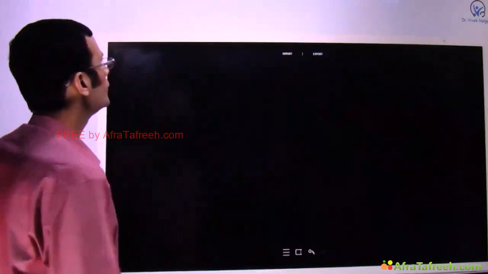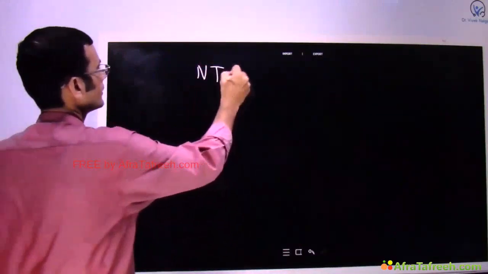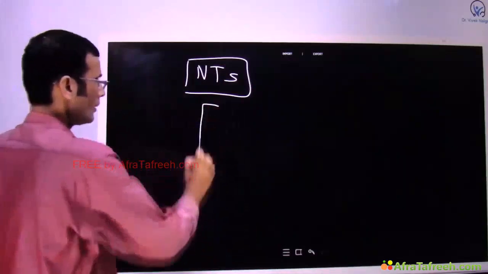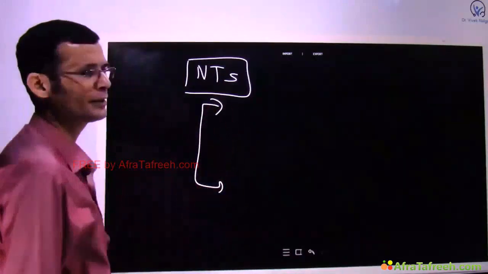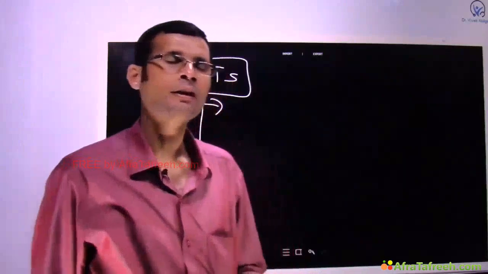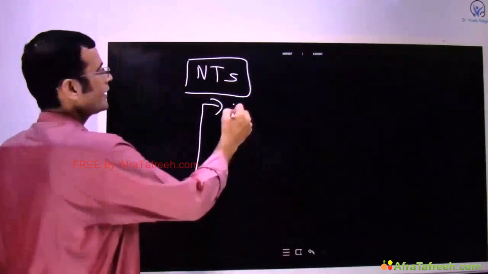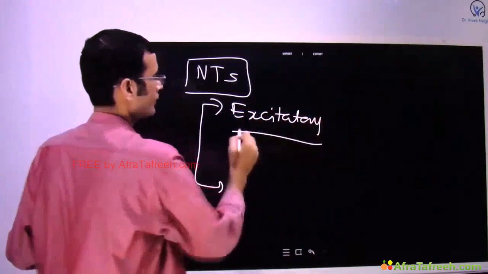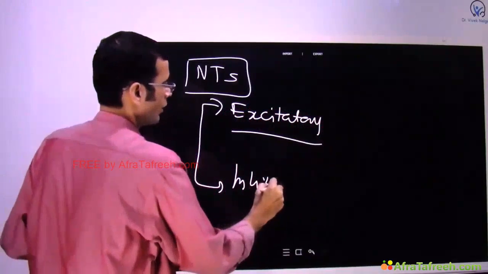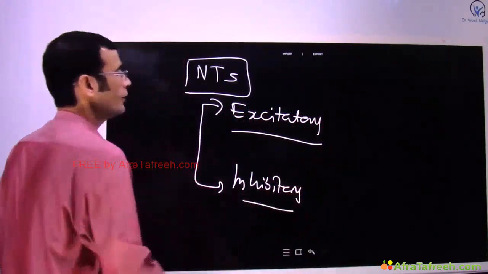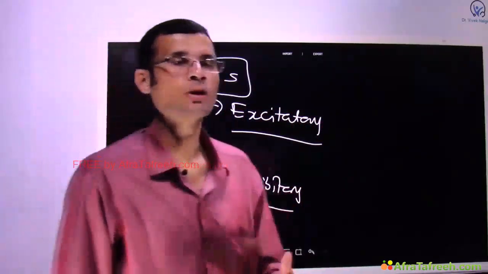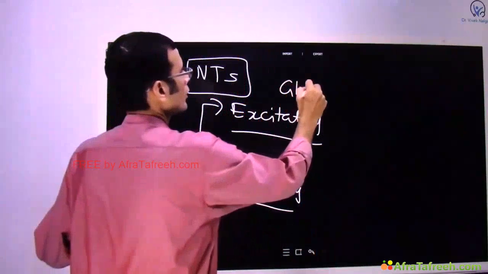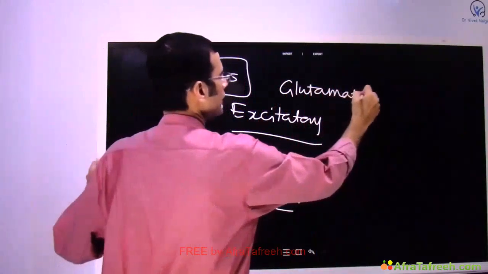Talking about the neurotransmitters, let's see some of the aspects of neurotransmitters. There are two types of neurotransmitters at a very basic level: excitatory transmitters and inhibitory transmitters. The commonest excitatory transmitters are glutamate and aspartate.